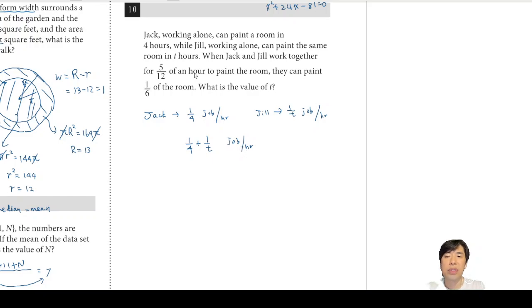But this one says if they work together, they can complete one job in 5/12 of an hour. So what that means is that they can do one job over 5/12 of an hour. So this means 1 over 4 plus 1 over T is equal to 12 over 5.